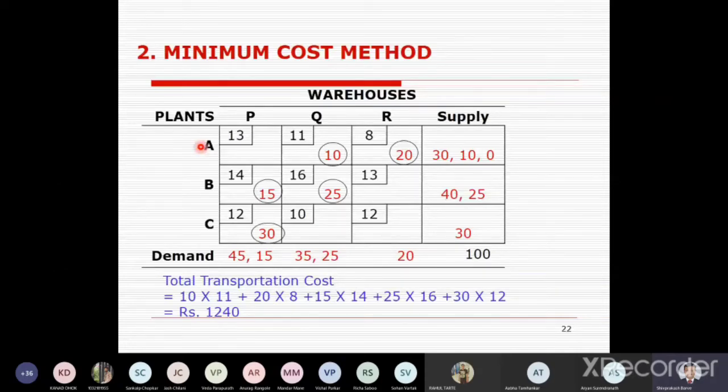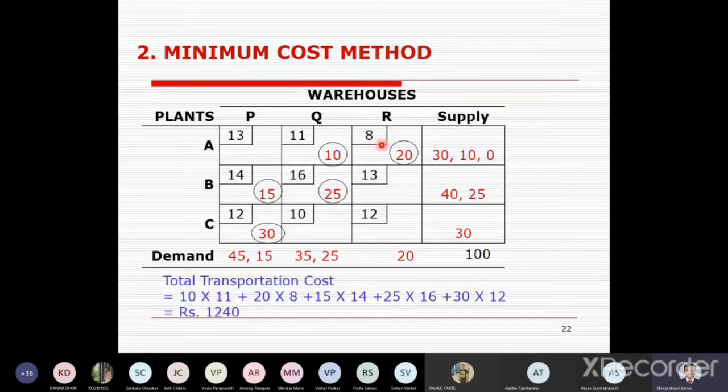Allocation started in the northwest corner method at the northwest corner of this matrix, but in the minimum cost method, we have to check which is the minimum cost out of all these cells. Here we got 8 as the minimum cost, so we have to start the allocation from this 8.